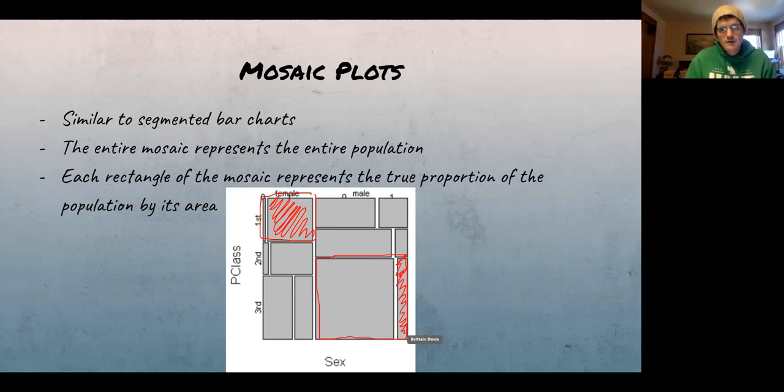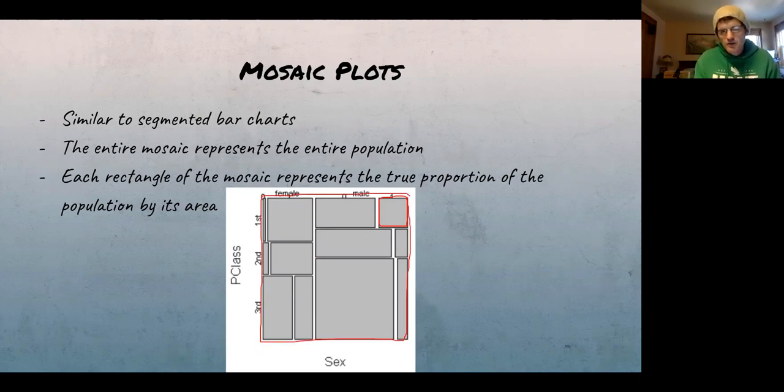Okay, so here's the great thing about this. If you were asked to interpret part of this, this box right here represents the total area out of the full population. So this proportion in area is going to be the same as the proportion in numbers.